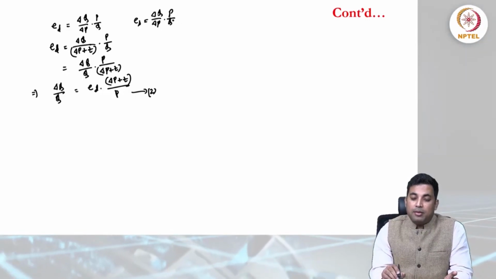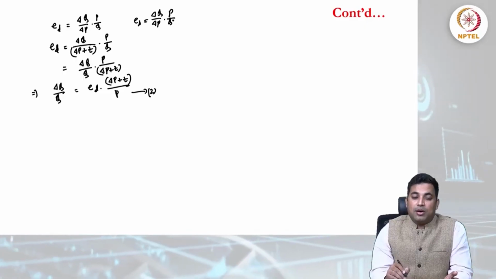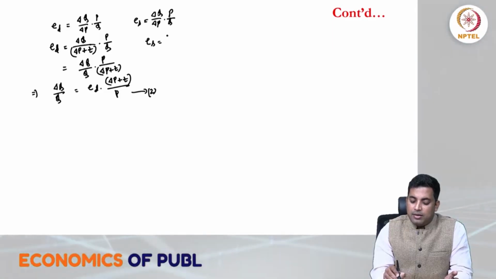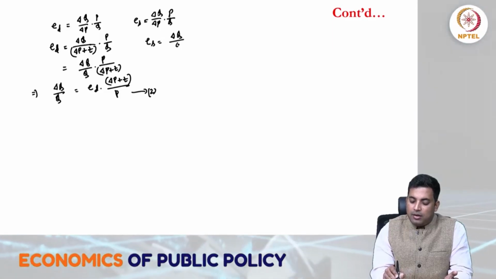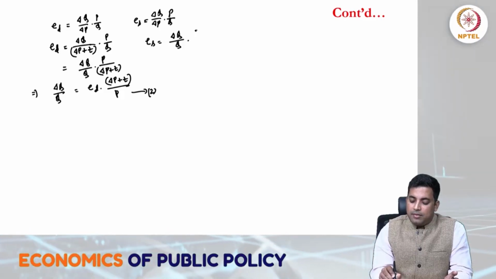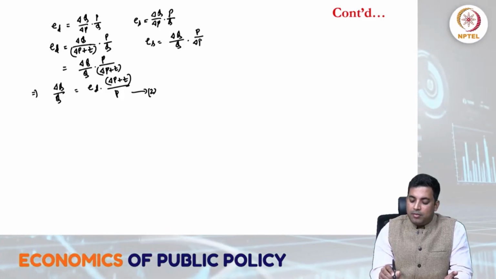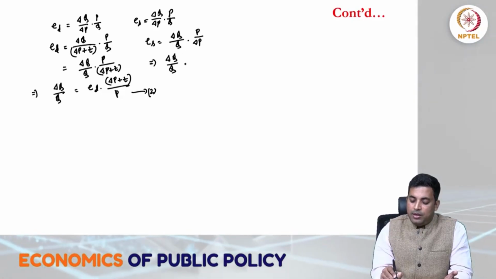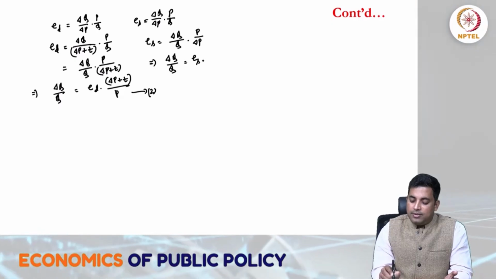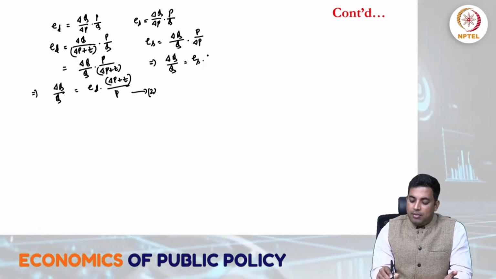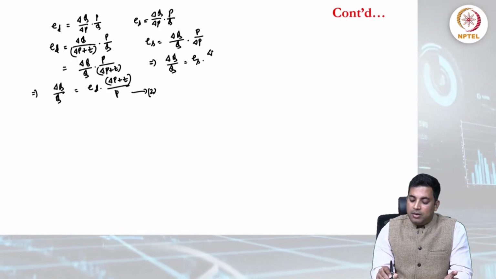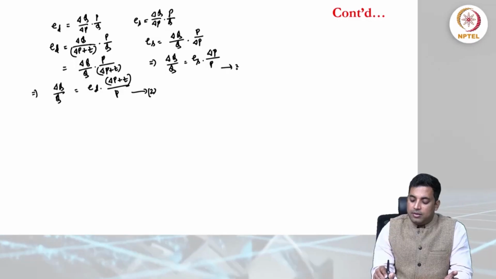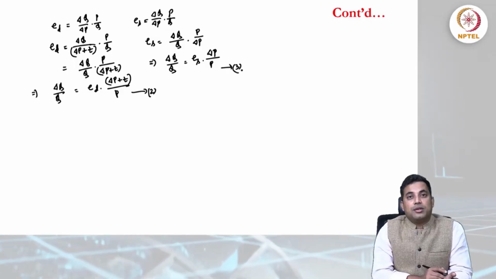So now from the elasticity of supply that we know, here we can also write delta Q by Q is ES multiplied by delta P by P. So let us call this equation 3.